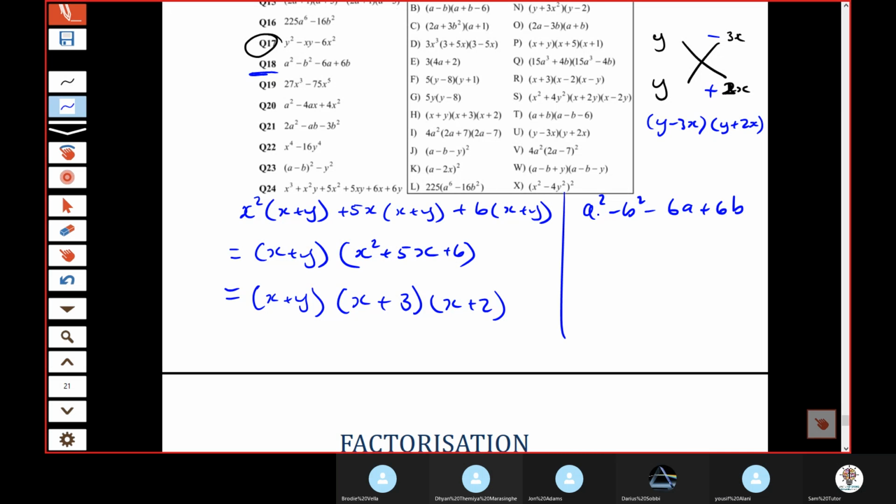No. There's a few things we've learned with factorizing. I'm not sure. Think. Don't say I'm not sure straight away. Think of what we've learned. The negatives. What do you mean?